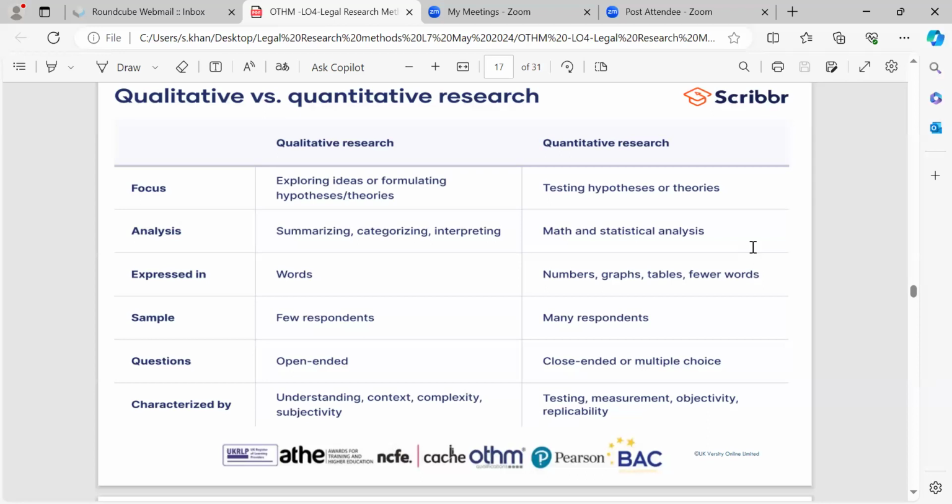Qualitative data is expressed in words. For quantitative data, it's expressed in numbers, graphs, tables, and fewer words rather than more words. The sample in qualitative research is few respondents, and in quantitative research it's many respondents.